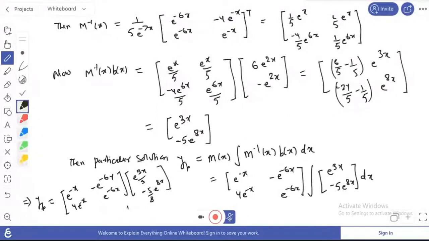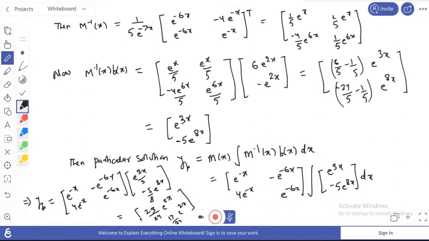If we multiply that, this becomes 1 by 3 plus 5 by 8, so this becomes 23 by 24 e to the power 2x, and here this is 4 by 3 minus 5 by 8, so this becomes 17 by 24 e to the power 2x.